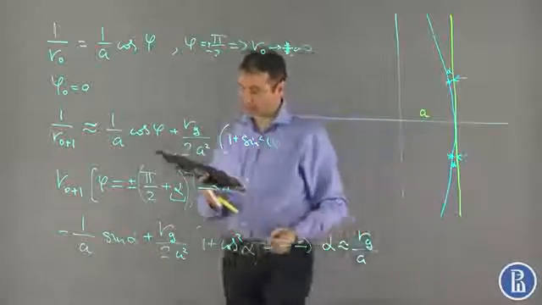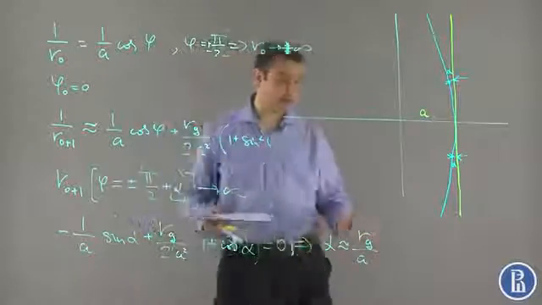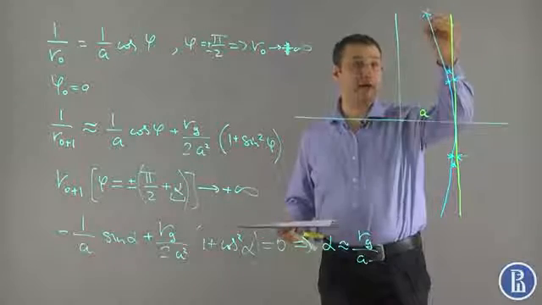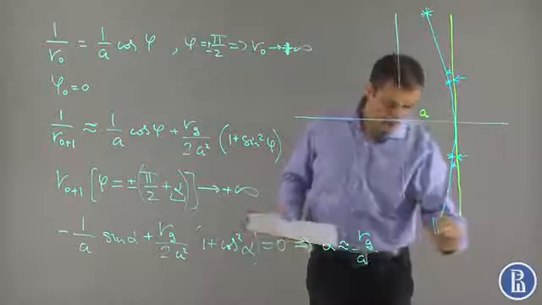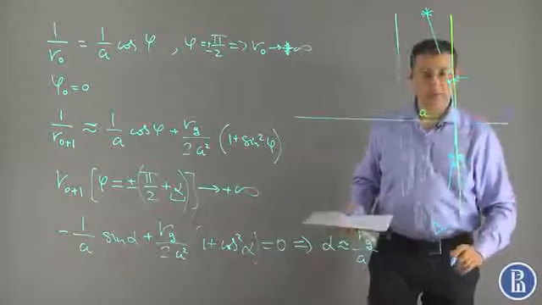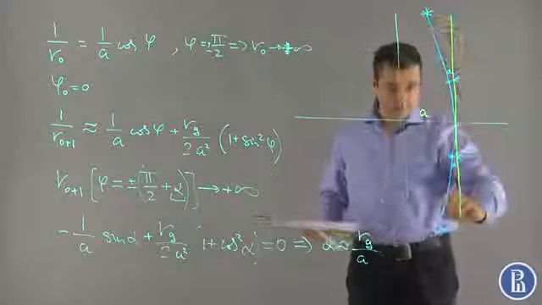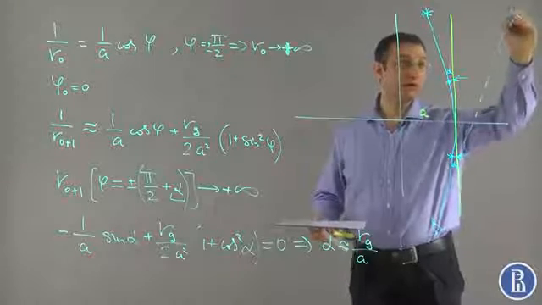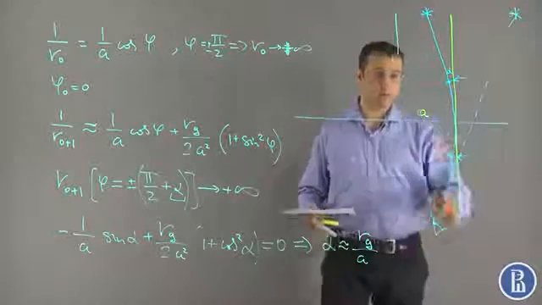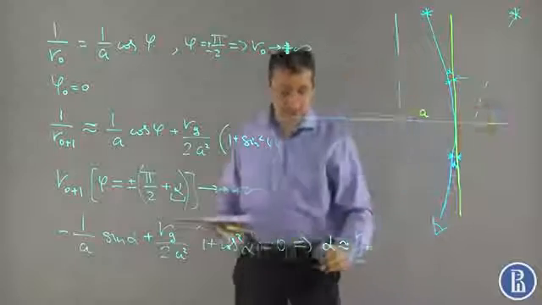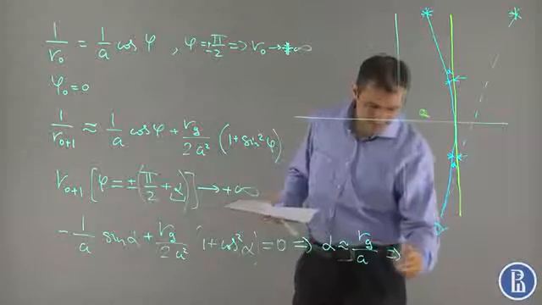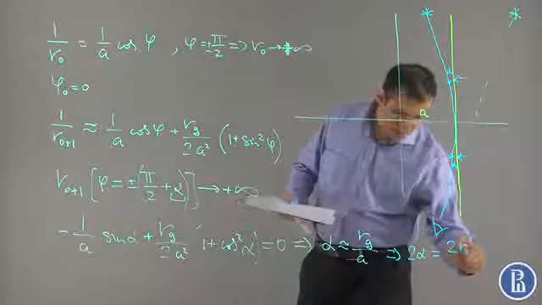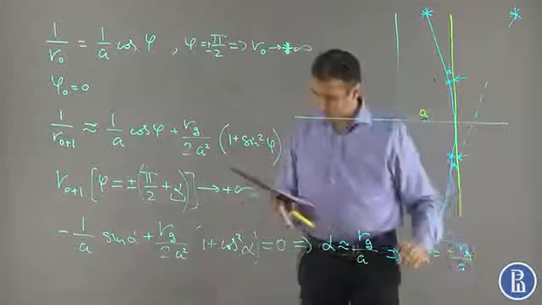As a result, if we have a star here and are looking here, we see the star as if it is present here. So the deviation is by the angle 2 alpha. As a result, the total deviation is 2 alpha, which is 2 Rg over a.